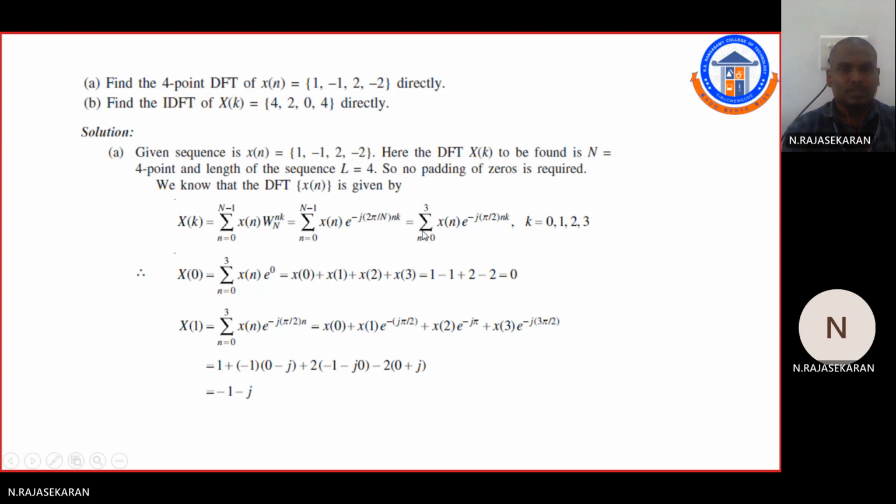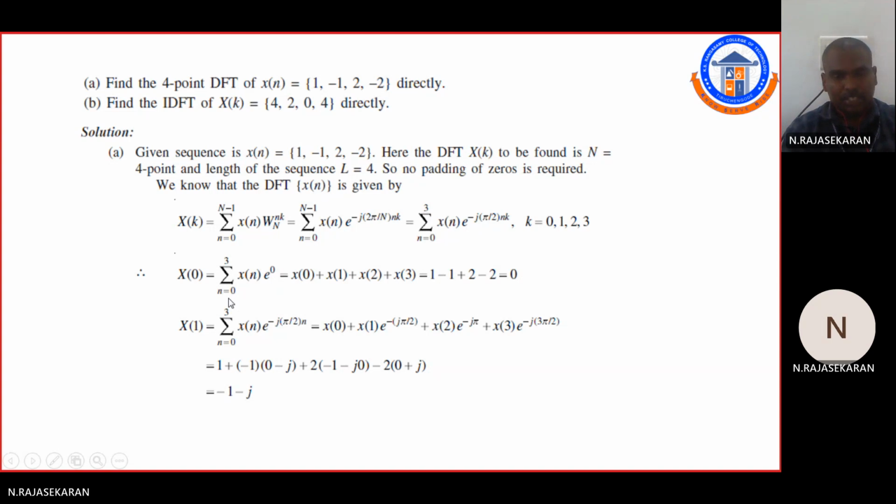Now we are going to substitute the function. For X of k, we have length 4, so we are going to calculate 4 values of k here: k equal to 0, k equal to 1, k equal to 2 and k equal to 3. X of 0 is nothing but summation n equal to 0 to 3, x of n, then substitute k equal to 0: e to the power 0 is 1, so x of n e power 0 will be remaining.